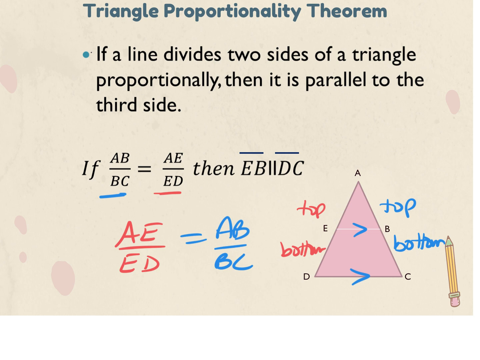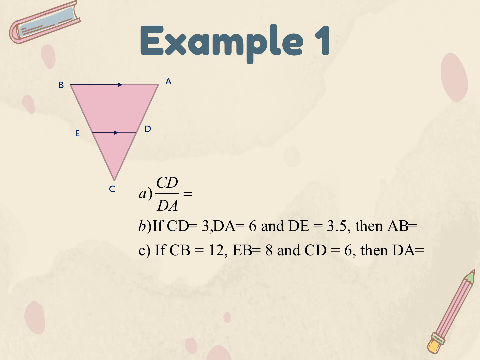apply the proportionality theorem. So our first example here has 3 parts to it. First it wants us to set up the proportion. Now, notice when they started out for us, we've got to match it. And what they've done here is instead of doing top over bottom, this is the bottom, and this is the top.